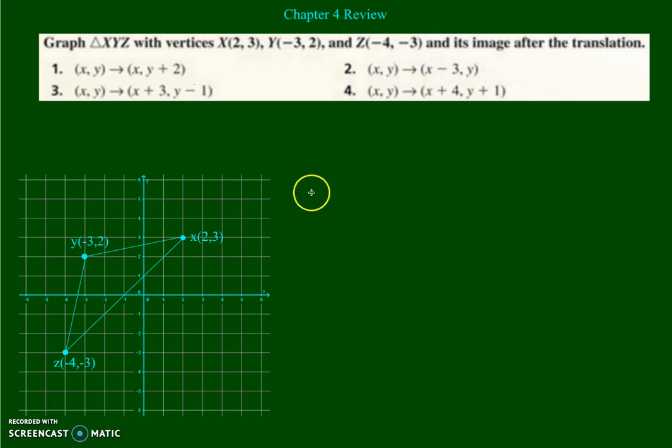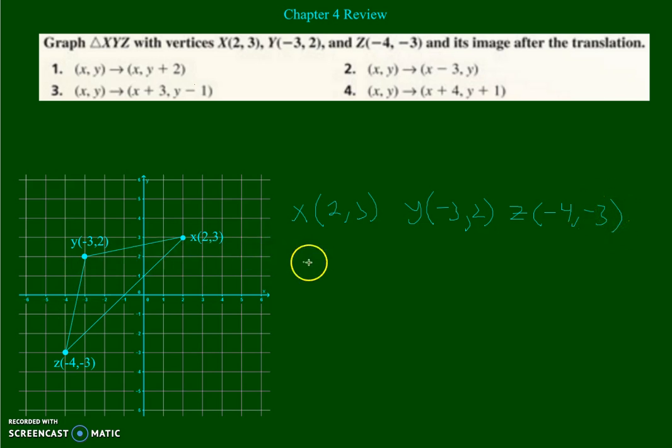So our X is going to be (2, 3). Our Y will be (-3, 2). Just rewriting the original pre-image points. And Z is (-4, -3).